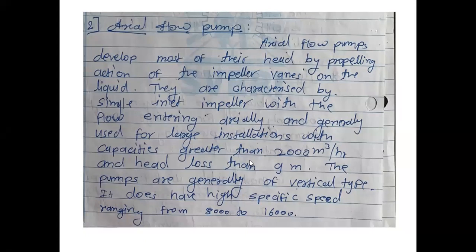Okay, no worry. Axial flow pump. Axial flow pumps develop most of their head by propelling action. Propelling action is performed in the axial flow pump by the impeller vanes on the liquid.